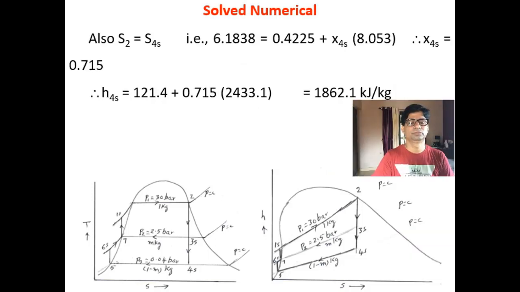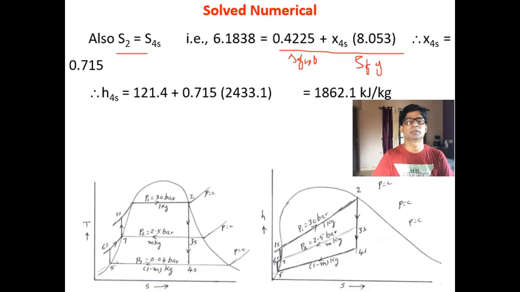Also we know that S2 is equal to S4s. So on similar lines, you have to calculate X4s. So here this is SF4s or SF4, yes, if you want, I can write. This is SFG4 or SFG4s, you can write.